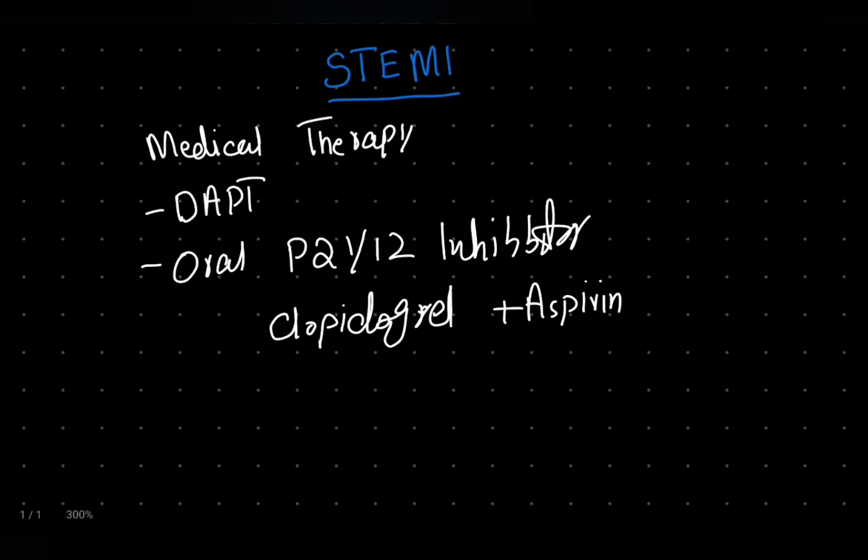And we will start parenteral anticoagulants, which will decrease the risk of further thrombosis. We will administer these medications promptly, but we will never delay reperfusion therapy, because reperfusion therapy is very necessary in acute coronary syndrome.